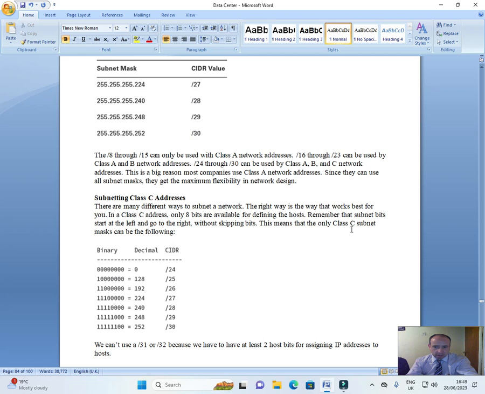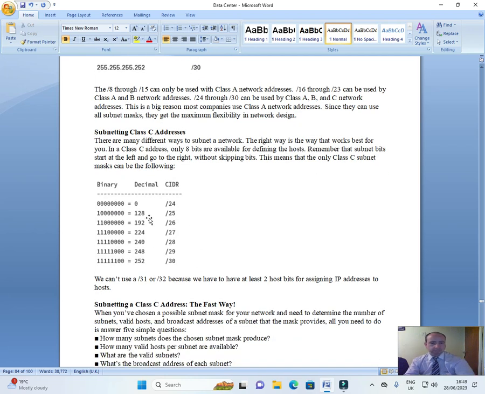This means that the Class C subnet mask can only be the following: binary, decimal, CIDR. 00000000 equals 0, /24. 10000000 equals 128, /25. 11000000 equals 192, /26. 11100000 equals 224, /27. 11110000 equals 240, /28. 11111000 equals 248, /29. 11111100 equals 252, /30.